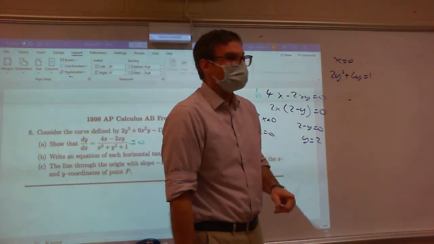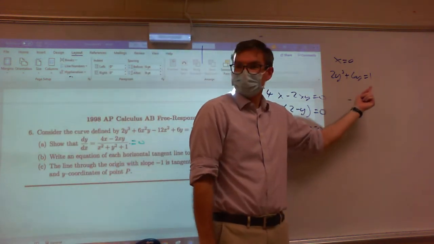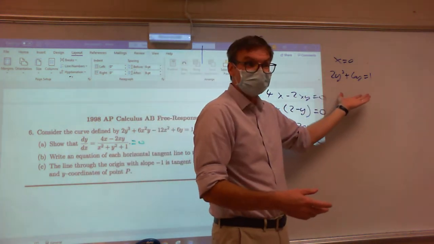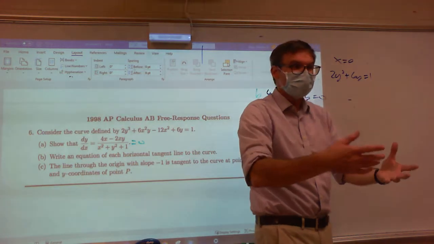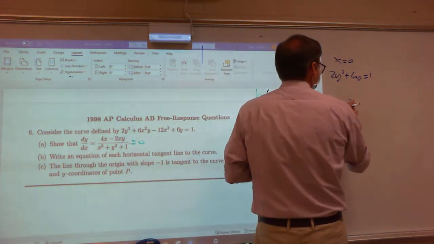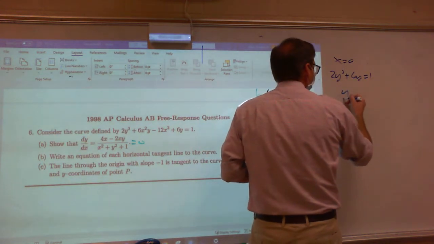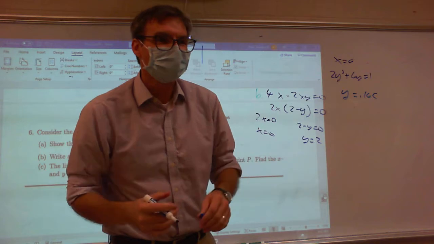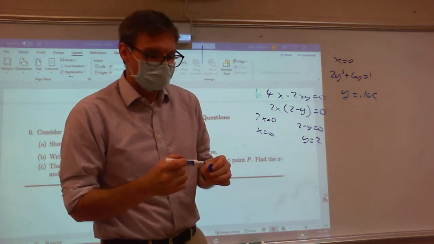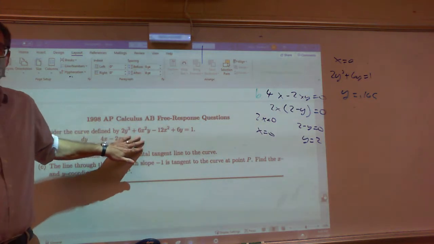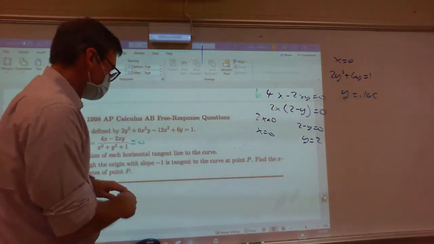Because if you can't use your calculator, you ain't solving this. I'm not going to worry about solving. I'm just going to tell you that with your calculator, you would find that y is going to equal 0.165. I've already done the work. This question is never a calculator question anymore, and you're going to see that in the other one.